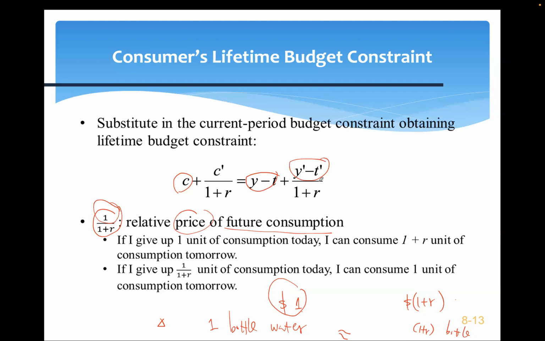But your future income converted into today's price is discounted by the price, right? So that's how we understand this equation. To summarize, this equation says, in terms of today's price, your total consumption must equal your total income. This total income is in terms of the price of today.